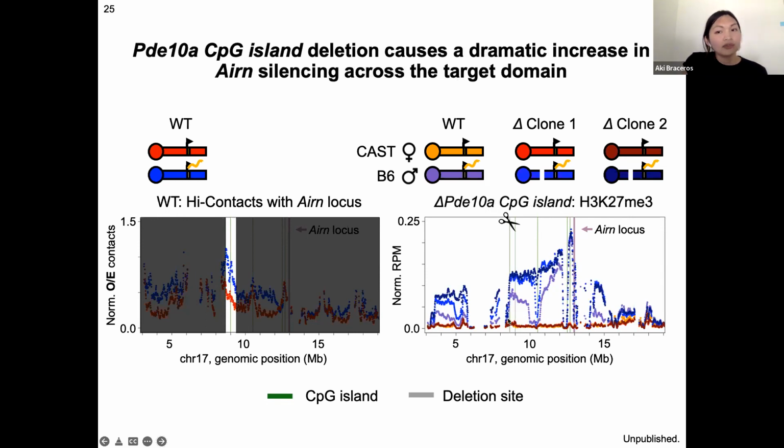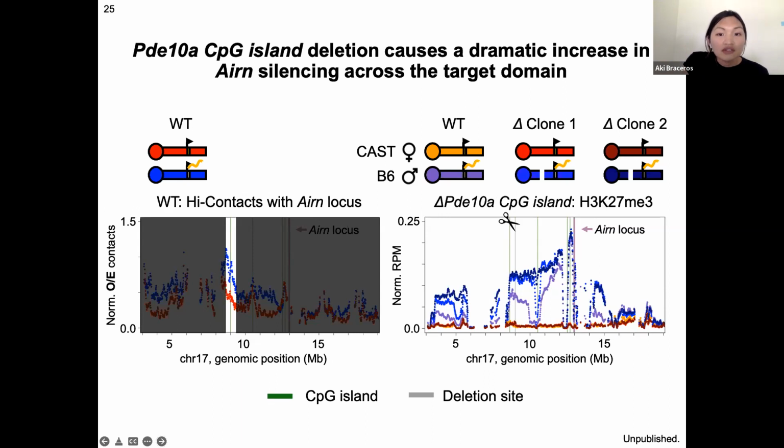But then when it came to deleting PDE10A, which is in that same neighborhood of context as T, rather than seeing a reduction in silencing like SLC22A3, we unexpectedly saw a dramatic increase across the entire Airn target domain, except around SLC22A3.